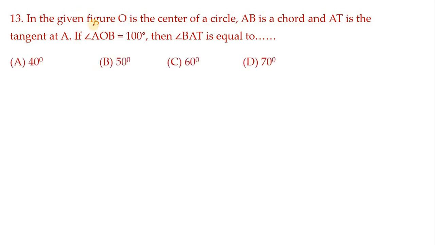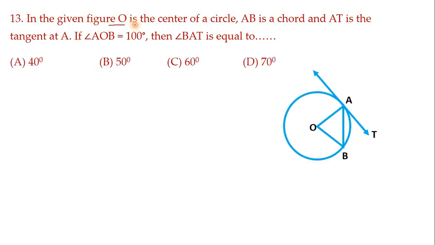In the given figure, O is the center of a circle, AB is a chord and AT is the tangent at A. If angle AOB equals 100 degree, then BAT is equal to: 40 degree, 50 degree, 60 degree, 70 degree.